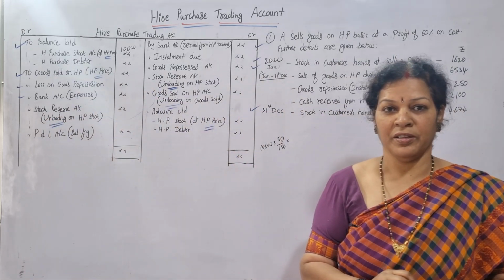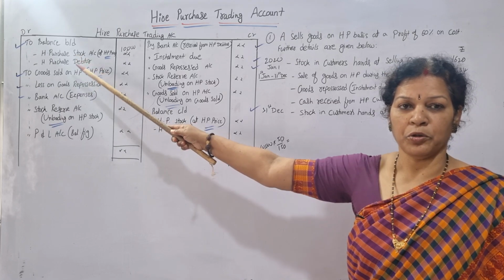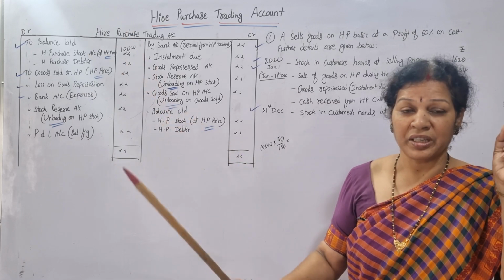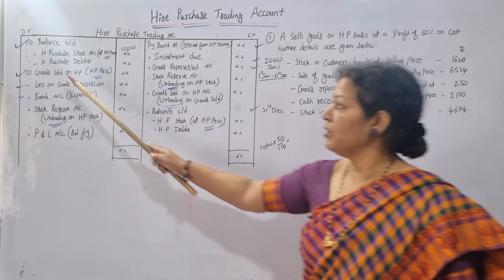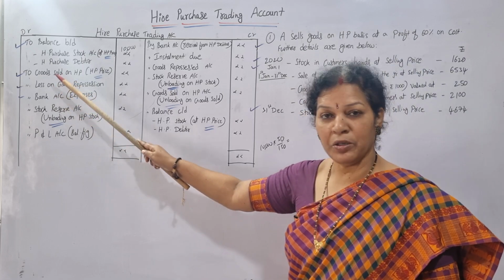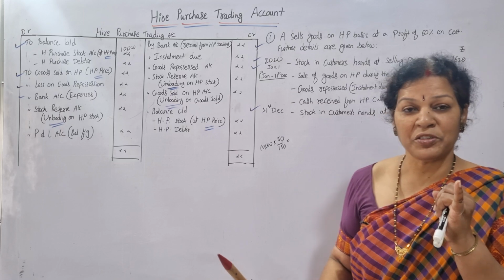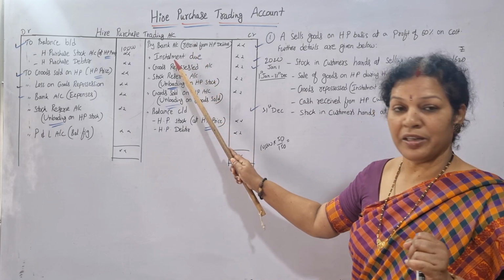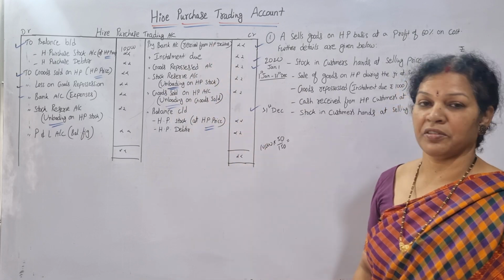Very simple. In short, I would like to tell you one thing. On the debit side you will write opening stock, and closing stock on the credit side. And on the debit side you can remember one important transaction, that is goods sold on hire purchase. These two you will rarely get. And on the credit side, amount received from hire purchase, that is from debtor, installment due, and goods repossessed, only three transactions.